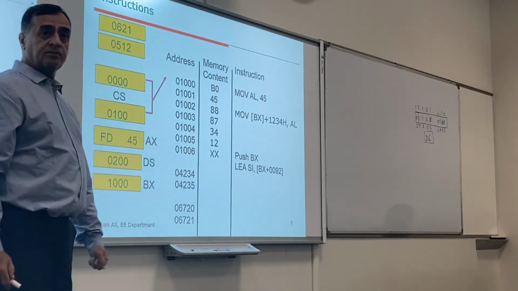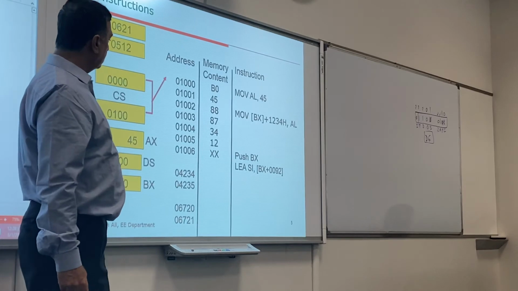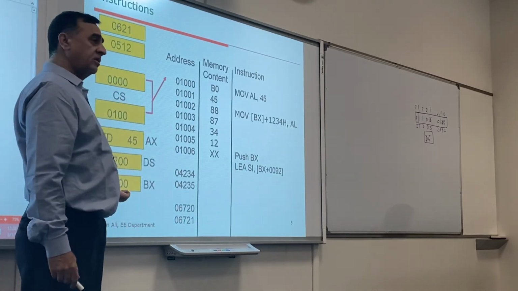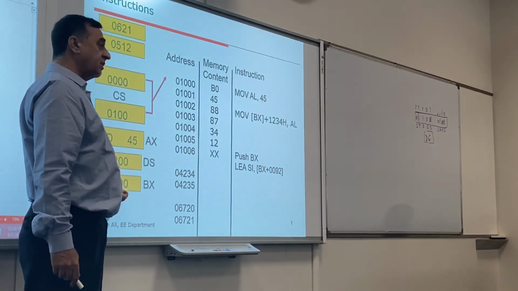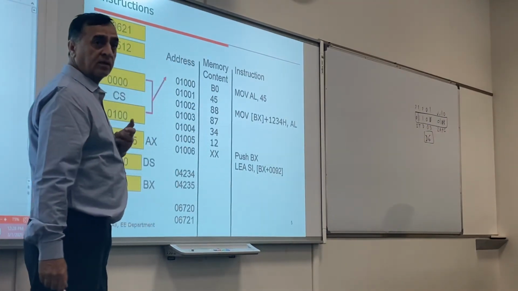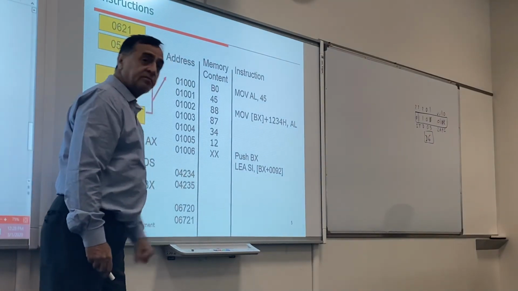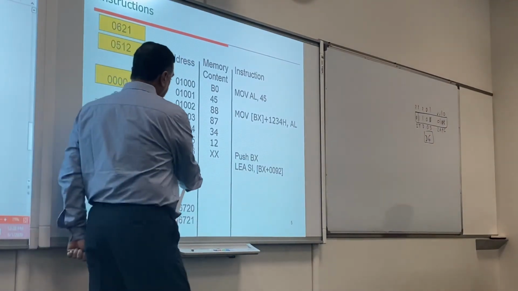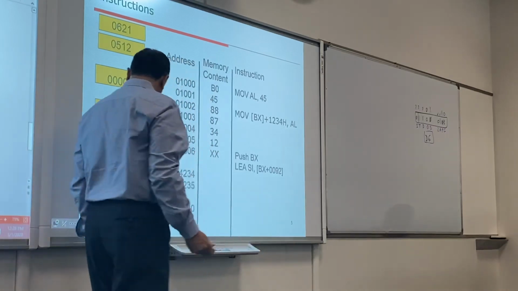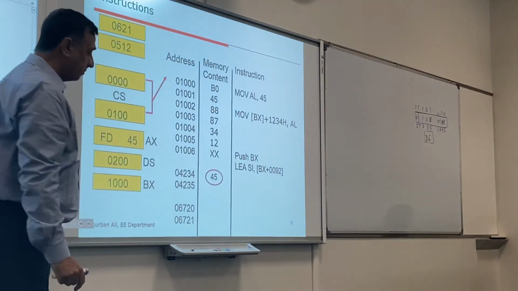DS is 200, shift by 0, 2000, plus BX is equal to 1000. 2000 plus 1000, 3000, plus 1, 2, 3, 4, which means 4434, which means we are here. So in this one we will write the value of AL, 45.